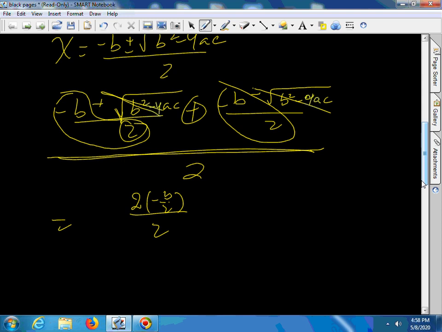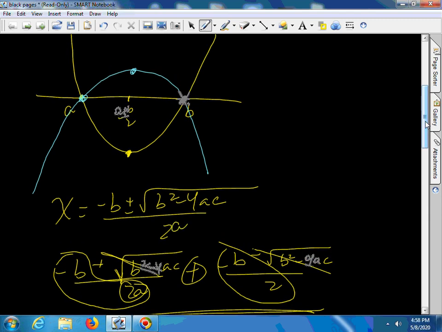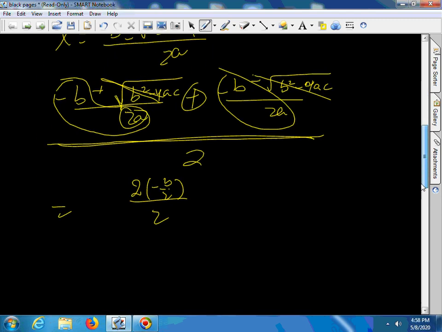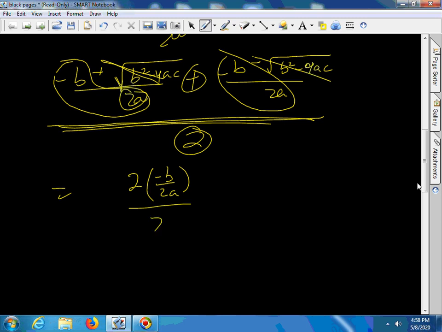Oh, excuse me, how can I make this mistake? You divide by 2a. So when you add those two fractions above this line, you get 2 times negative b over 2a. So let's not forget to divide by 2.